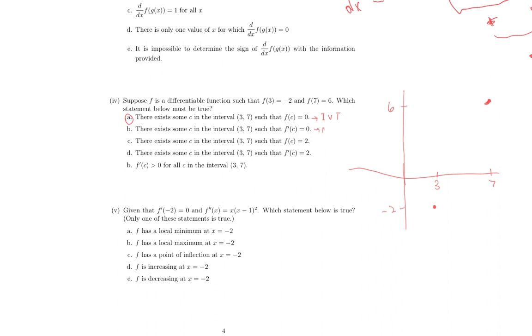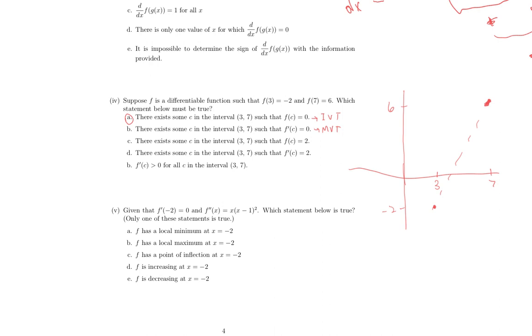This would be the mean value theorem when you have your derivative. The mean value theorem is saying that if I draw the secant line, aka the line from these 2 points, and I take the slope, somewhere in the middle there's going to be a spot with the exact same slope.